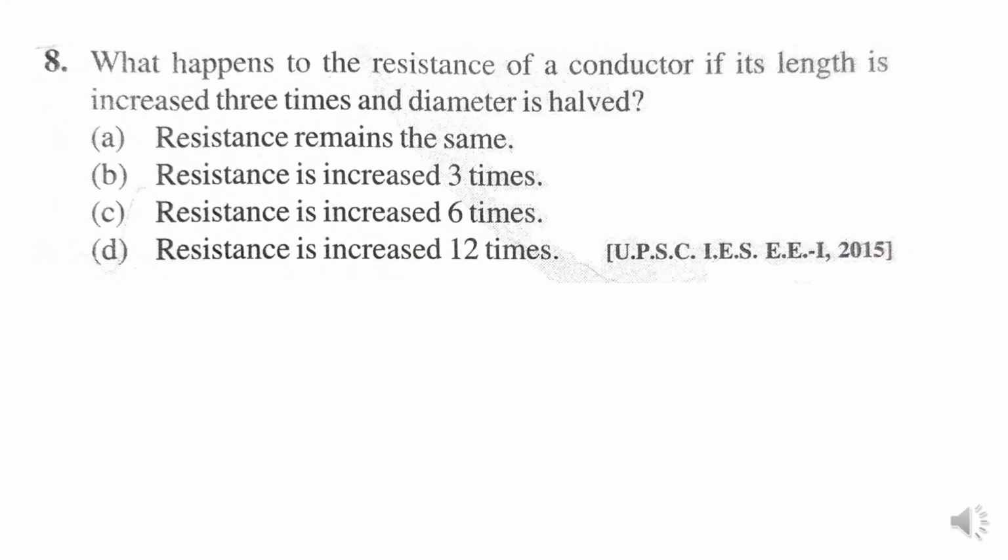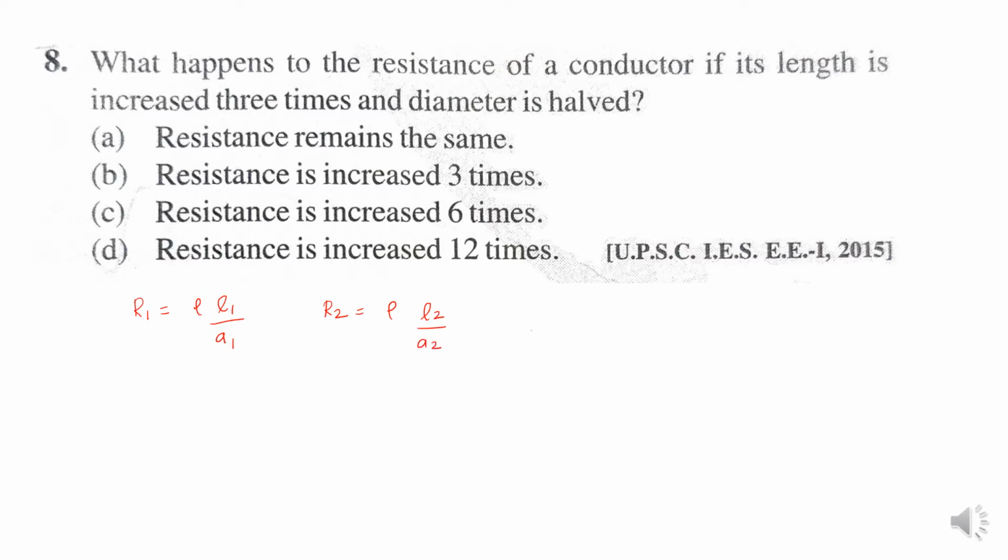Next problem. What happens to the resistance of a conductor if its length is increased 3 times and diameter is halved? So the old resistance I take as R1, that is rho into L1 by A1, and the new resistance is R2, that is rho into L2 by A2.